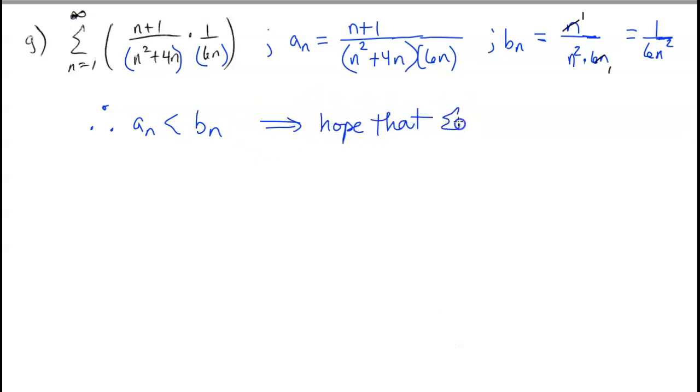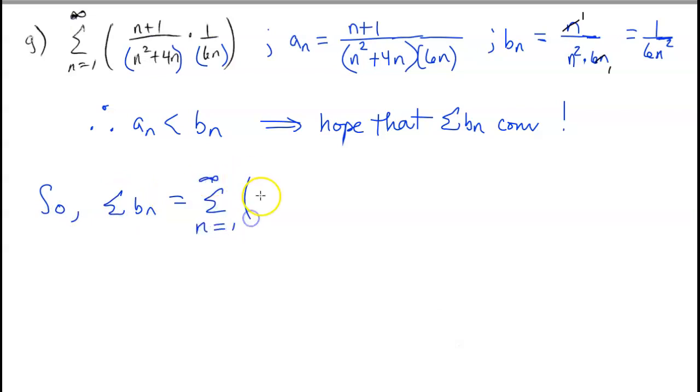So what I hope for is that the series with the b sub n converges. Because if the larger series converges, that means that the smaller will follow suit. So here, if I consider this particular series, then it's just going to be 1/6n squared here, which is just like saying 1/6 times this particular series here.